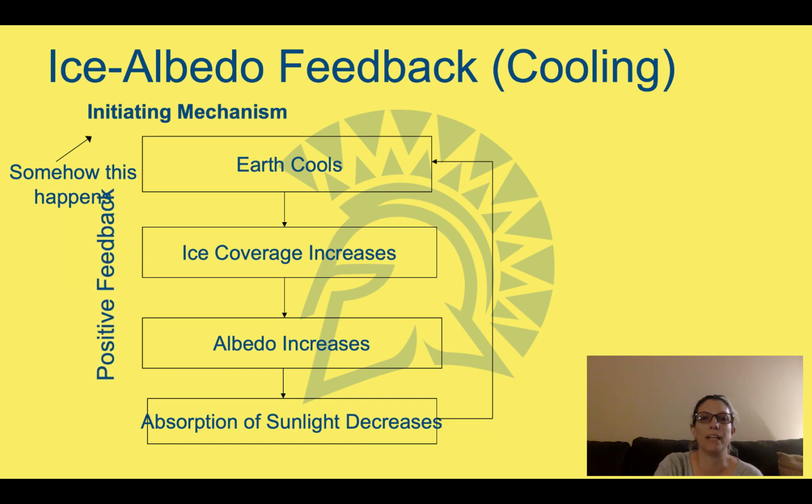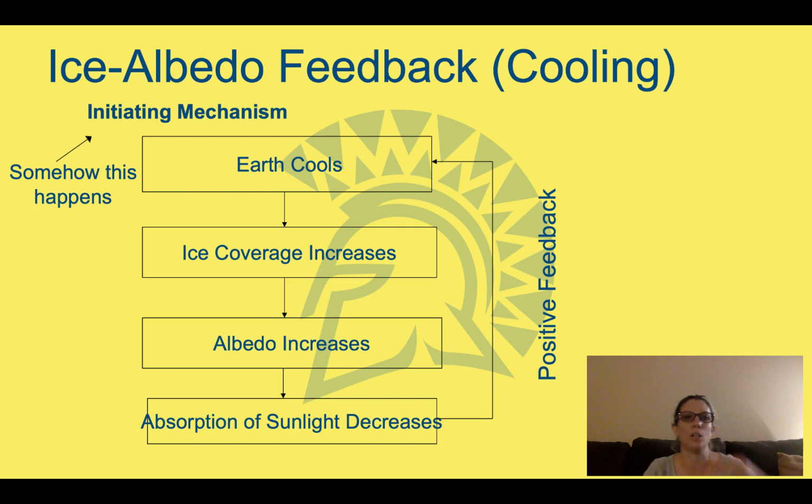Then it's going to cause more cooling because of the reflection. So it cools, ice coverage increases, there's more reflection, which causes it to cool even further, and then even further. So that's one example of a positive feedback.